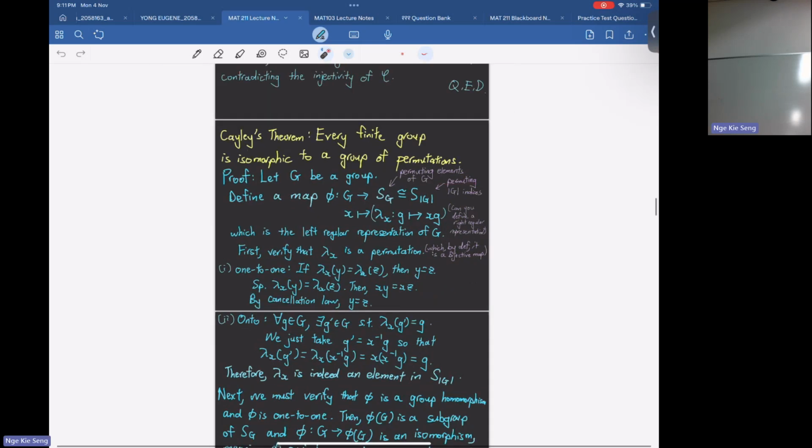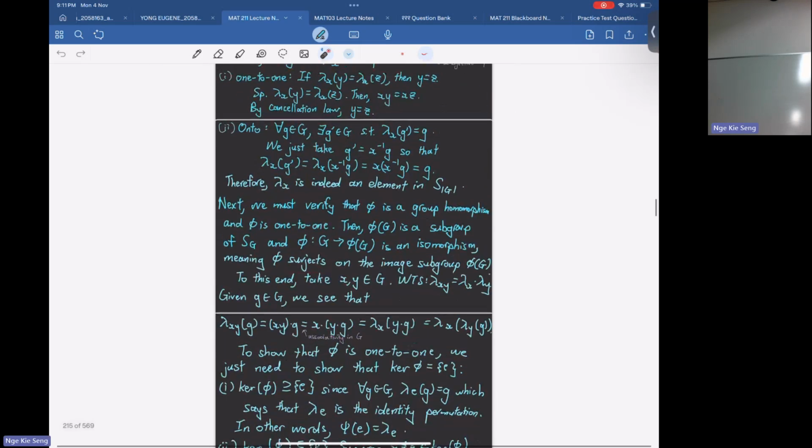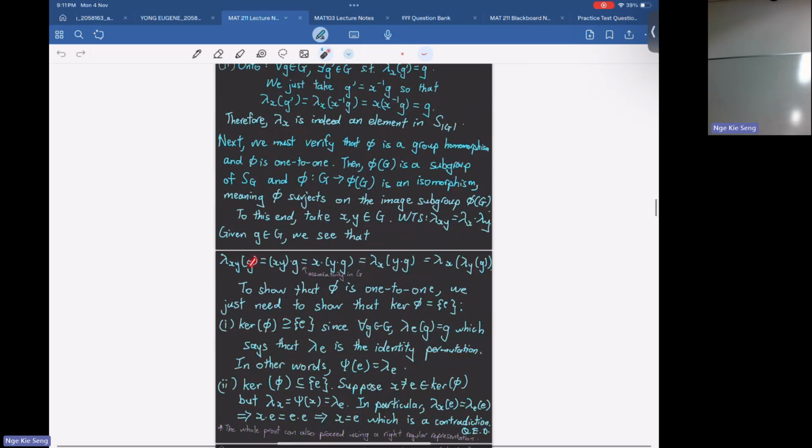And then you need to follow in details. So how do we show that this phi is a homomorphism, and then why this phi is injective? Okay, you get the whole picture now. After you get the whole picture, only then you go and see how I do all these things. The whole picture is very important before you work these out.